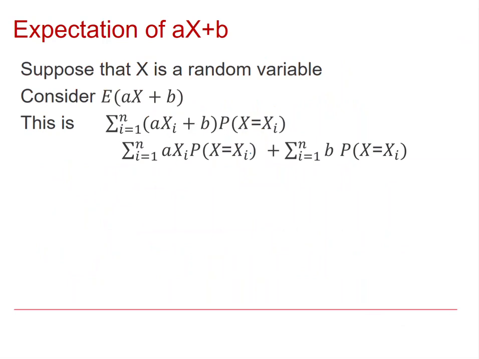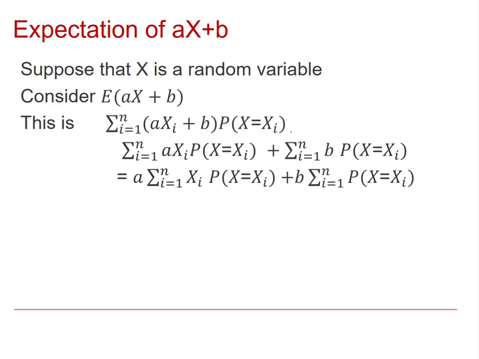So now we have the sum of ax times the probabilities plus the sum of b times the probabilities. And again, the a and the b can simply come out of these sums to leave us with the following. Now there's a couple of things going on here. The first, we have the sum of x times its associated probabilities, which we already know is just the expectation of x.